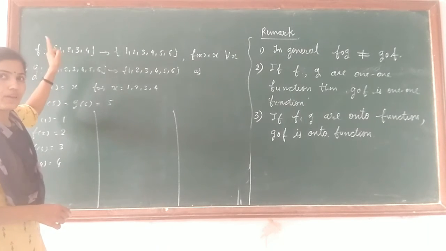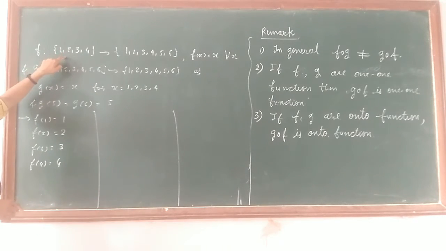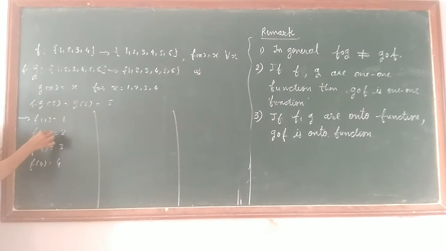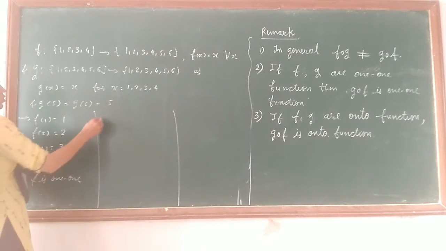So f of 1 will be 1, f of 2 is 2, f of 3 is 3 and f of 4 is 4. Therefore we have 1, 2, 3, 4 mapping to 1, 2, 3, 4. Different elements, different images. f is 1-1.